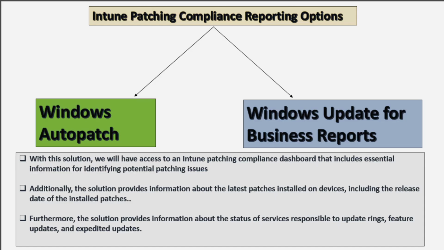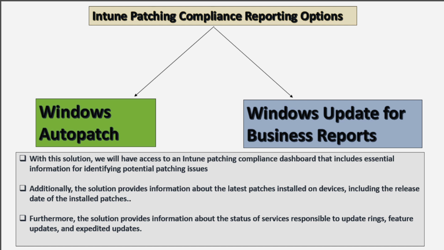So this is the second video in the Intune reporting automation series, and in the last video I showed how to get the email subscription of the latest patches available for each operating system version along with the patch release date. In this video I will demonstrate how to automate the Intune patching compliance report and also provide valuable information via email subscription.